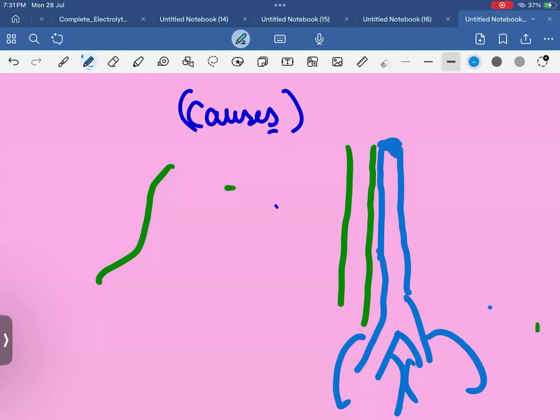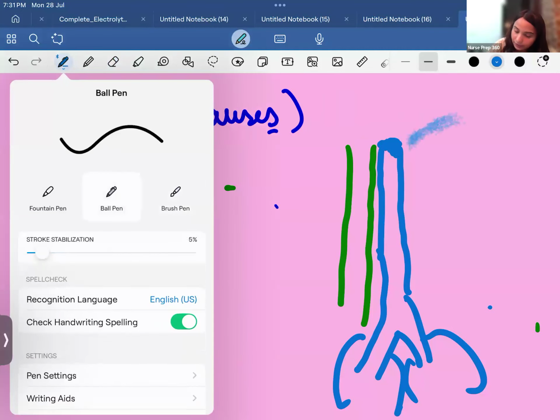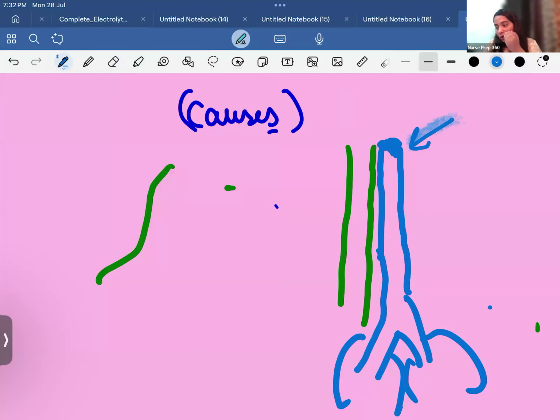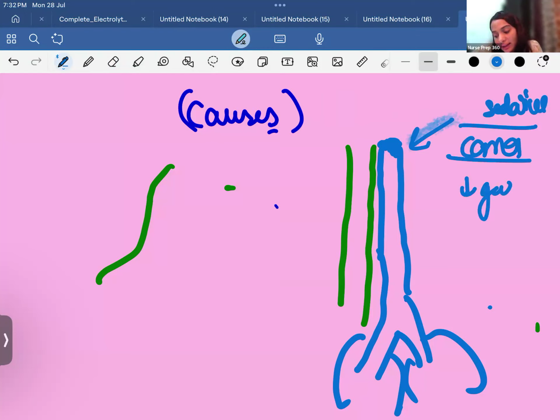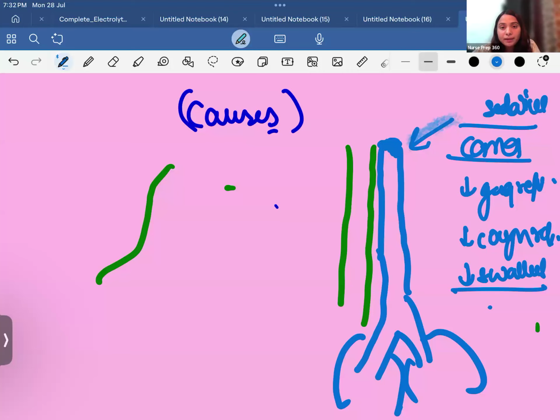But just imagine one thing: if the patient is on any kind of sedative, or the patient is in a coma, or there's a decrease in the gag reflex, a decrease in the cough reflex, and a decrease in the swallow reflex, or for example, you're bringing back a patient from anesthesia.